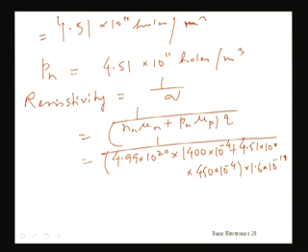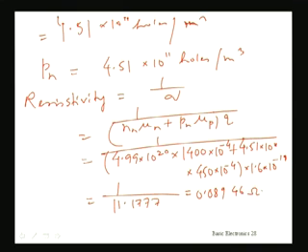And this calculation gives me the whole numerator as 11.1777. So I will be getting 0.08946 ohm meter.